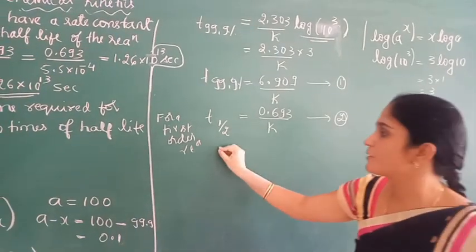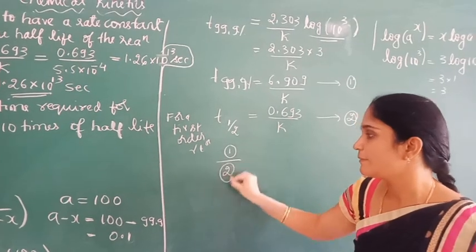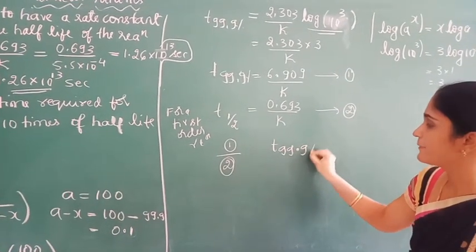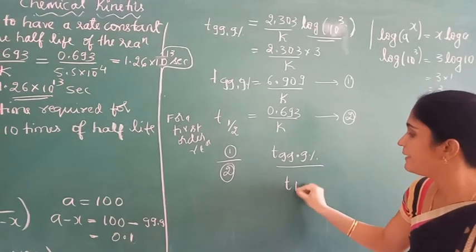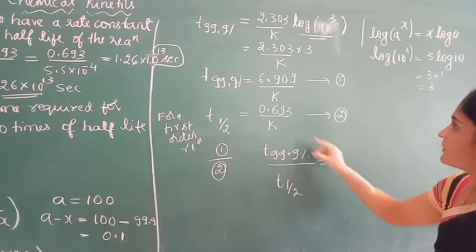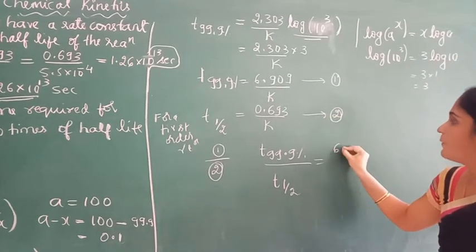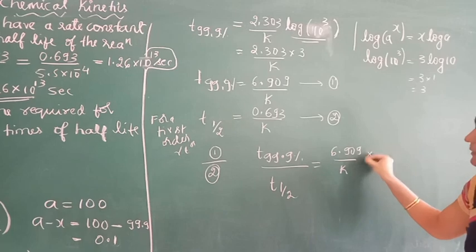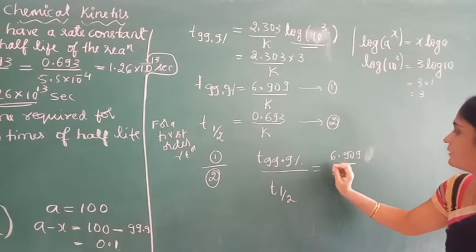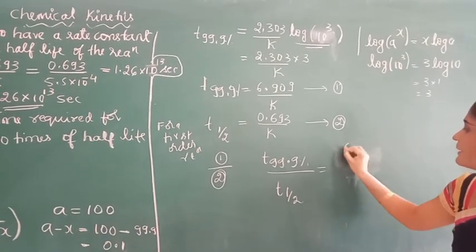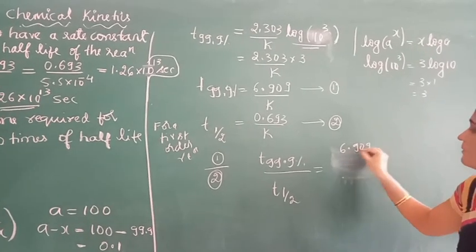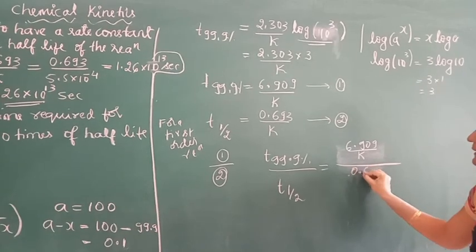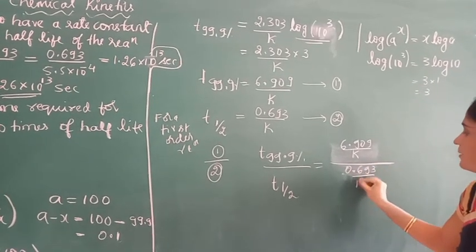So divide equation 1 by 2. We get t 99.9% divided by t half equals 6.909/K divided by 0.693/K.